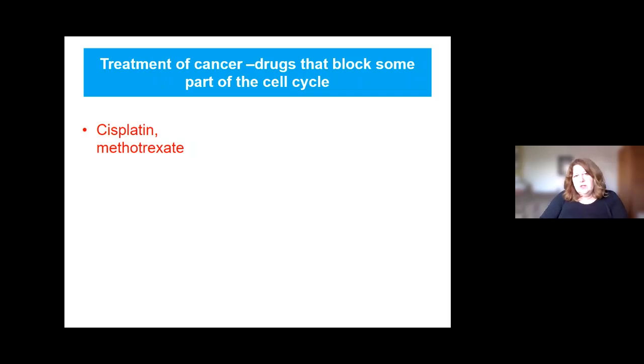So there are drugs that will block some part of the cell cycle to try and limit that sort of uncontrolled growth. So cisplatin, methotrexate, vinca alkaloids like vinblastine and vincristine, a brilliant drug in the treatment of leukemia.